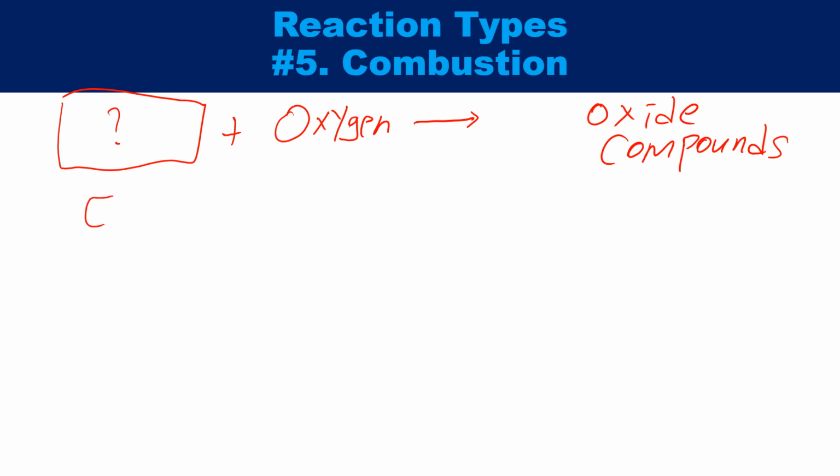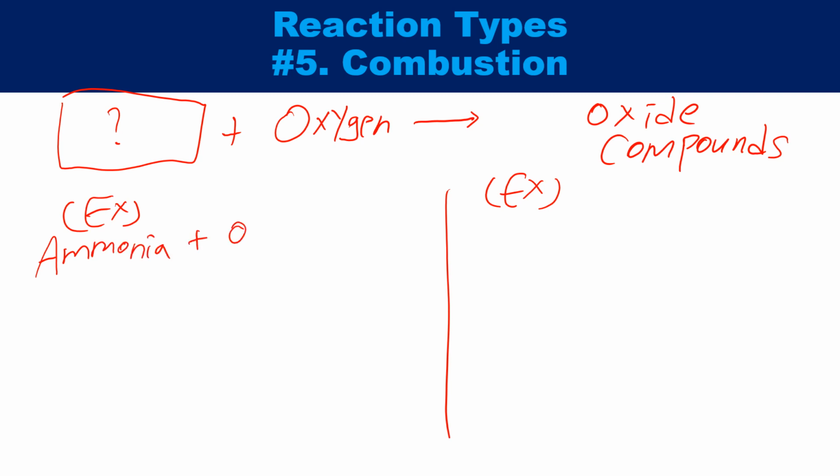So example number 1. Actually, let's divide into two spaces. A lot of cases are molecular compounds. So what about ammonia? You are burning ammonia somehow with oxygen. I want you to think about how many gaseous oxide products I will have.